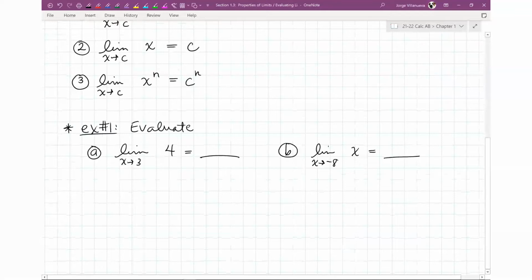And one more. So go ahead and do those. And then we'll continue with more properties.